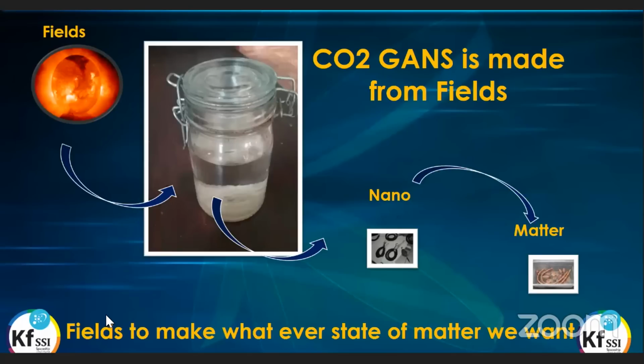So even the simple process of creating the CO2 is using and interacting with the fields around us that we just don't see. And then from our CO2, we can start the process to create the matter that we would eventually want.